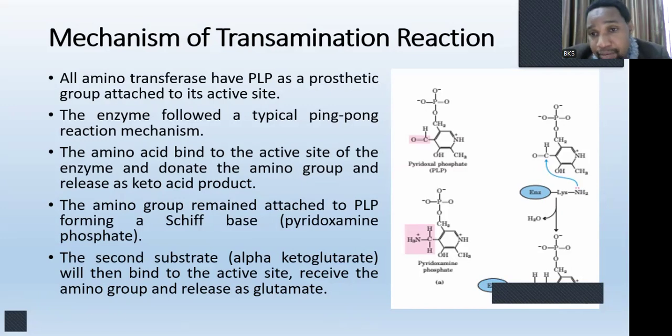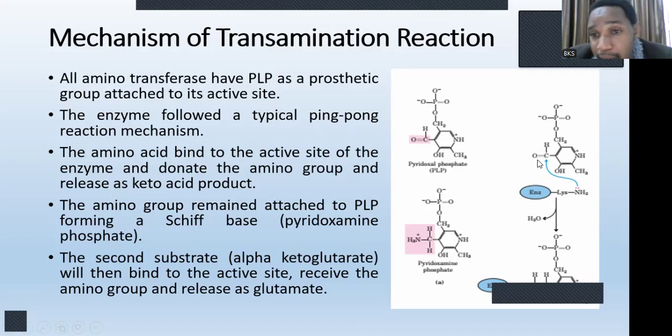So binding of this amino acid to the active site, which contains the pyridoxal phosphate, will cause a reaction between the carbonyl carbon, if you can see my cursor here, and the amino group of the amino acid, leading to formation of a bond. Once the bond is formed, a conformational change can weaken the bond.